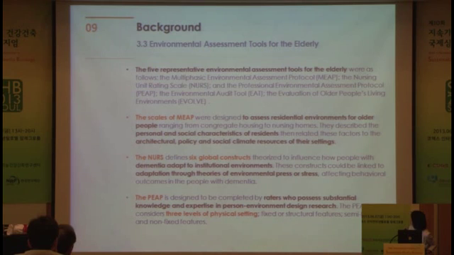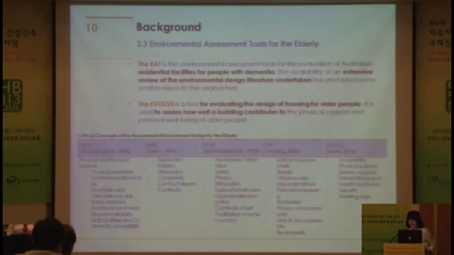And the fourth one is the Environmental Audit Tool. It is an environment assessment tool for the evaluation of Australian residential facilities for people with dementia as well. The last one, EVOLV, is a tool for evaluating the design of housing for older people.